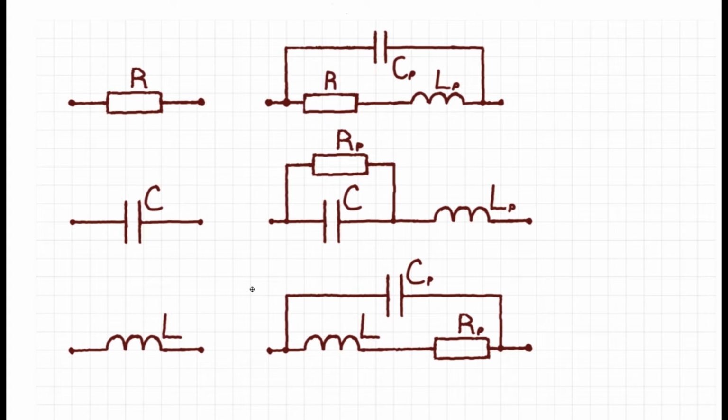Okay, as you see on the picture, this picture consists of two parts. The left part is simple elements, and the right part of the picture is their equivalent circuits.